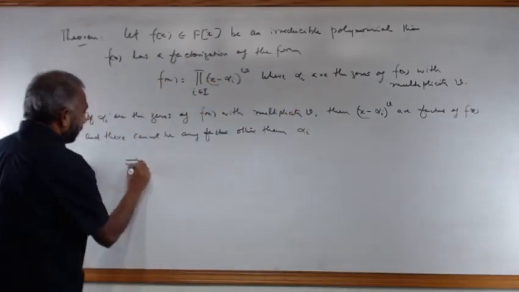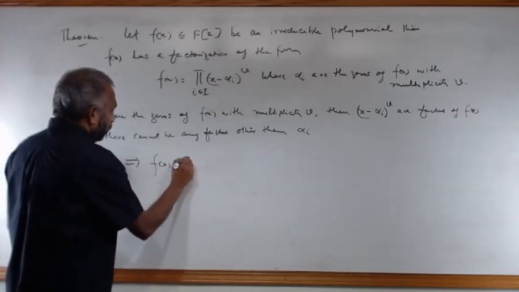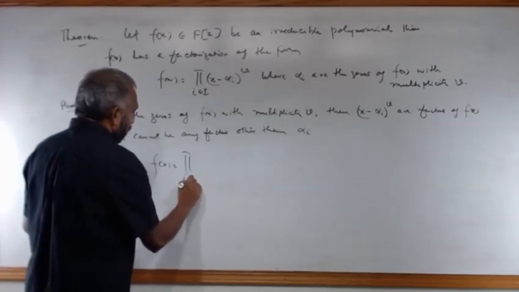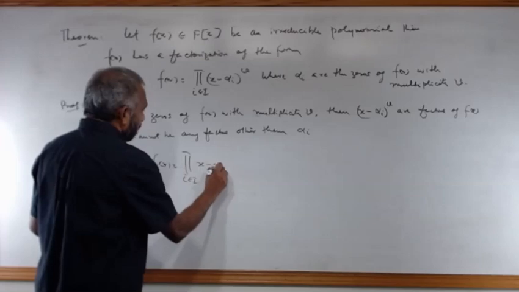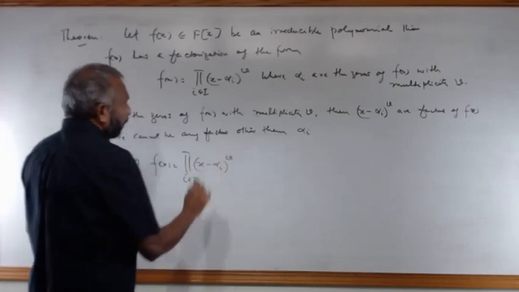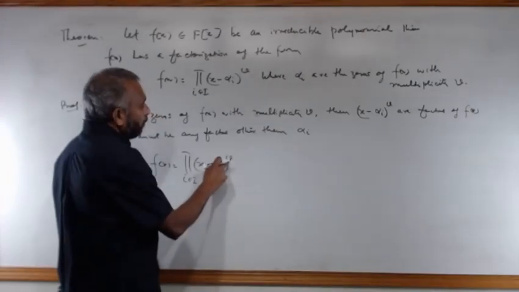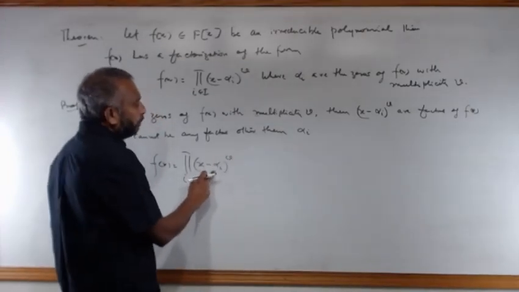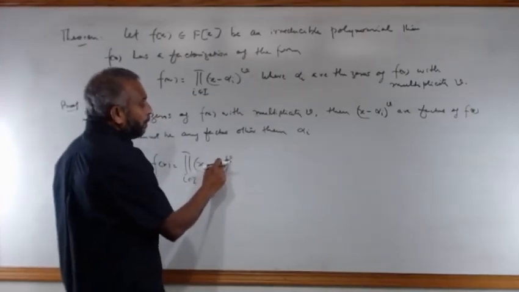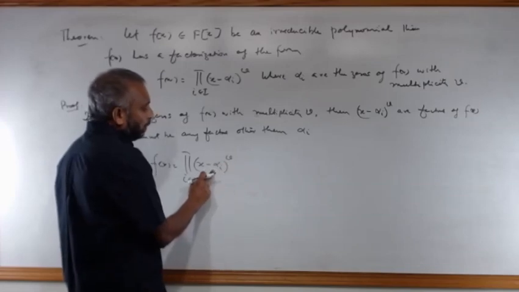So that implies f(x) equals the product over i of (x minus alpha i) to the power of v. See, we have the same v for all the zeros, same multiplicity for all the zeros.